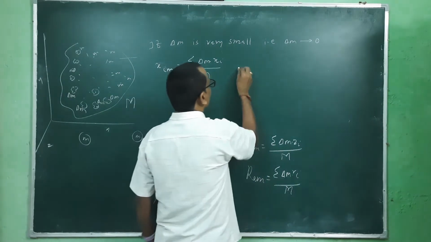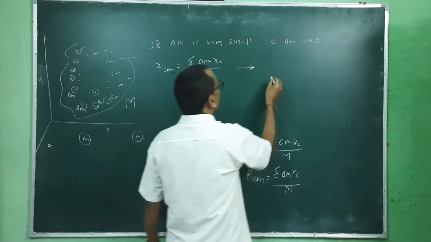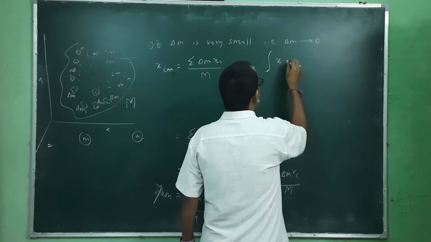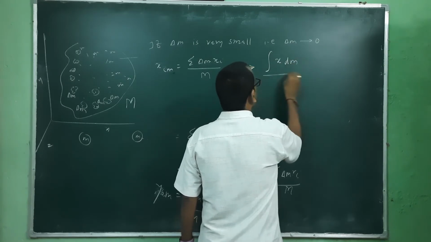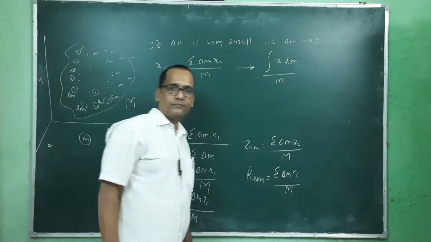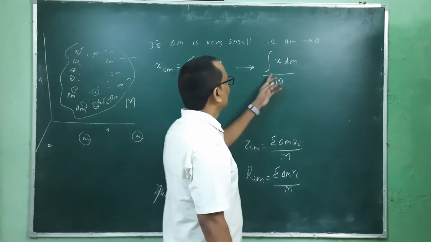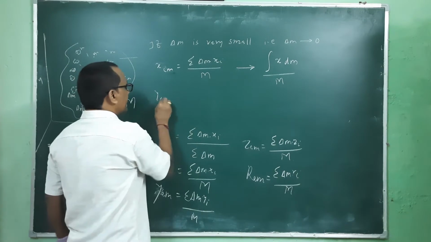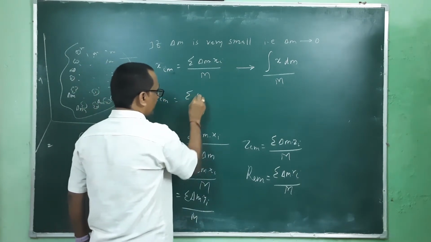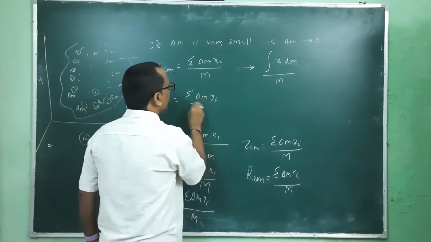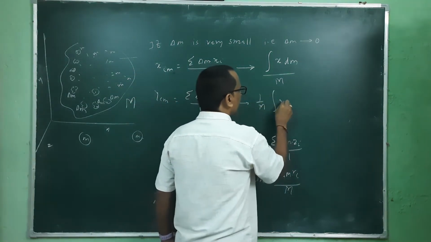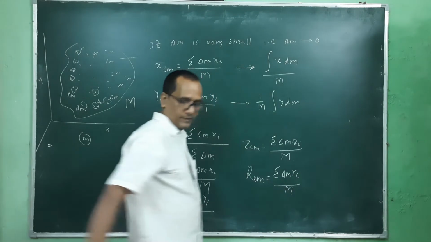can be converted into the integration of x dm by M. So xcm is the integration of x dm by M, and ycm, which is the summation of delta m yi by capital M, can be written as 1 upon M integration of y dm.